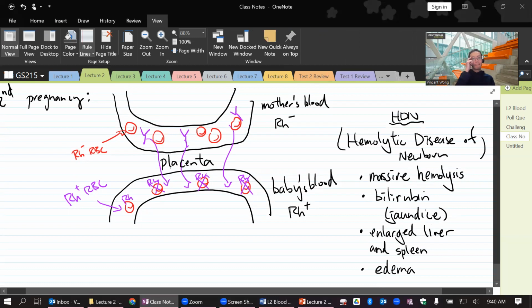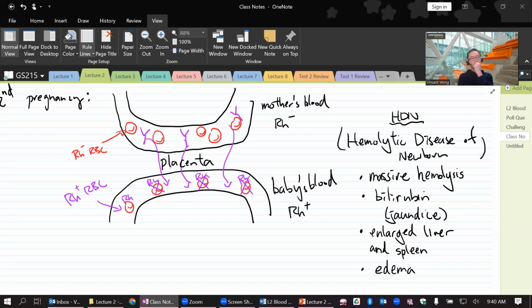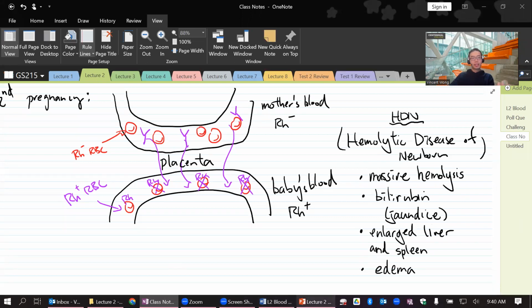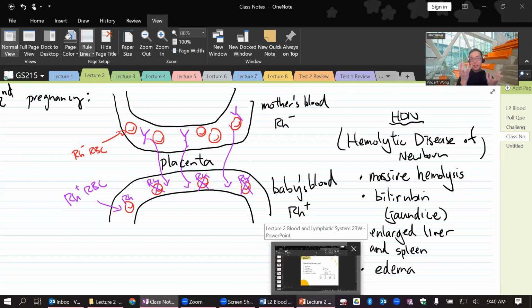Why the baby? Sorry, go ahead. Go ahead, Shelly, and then Lashana. Yeah. Why does the baby have more bilirubin? Because, okay, all the red cells are dying, right? When red cells break apart, the hemoglobin comes out, right? Remember in the lecture, we said the hemoglobin gets broken down, you recover the iron, and then the rest becomes the bilirubin, right?